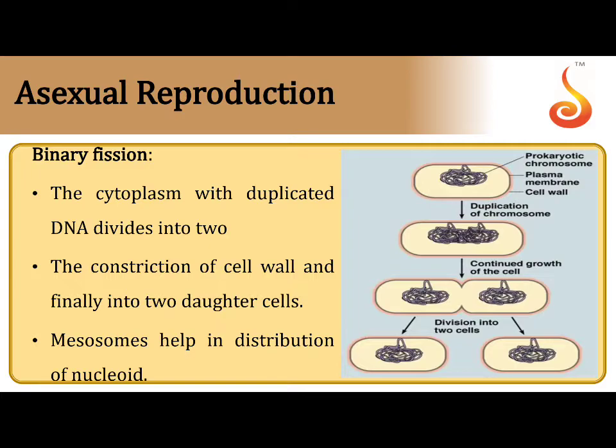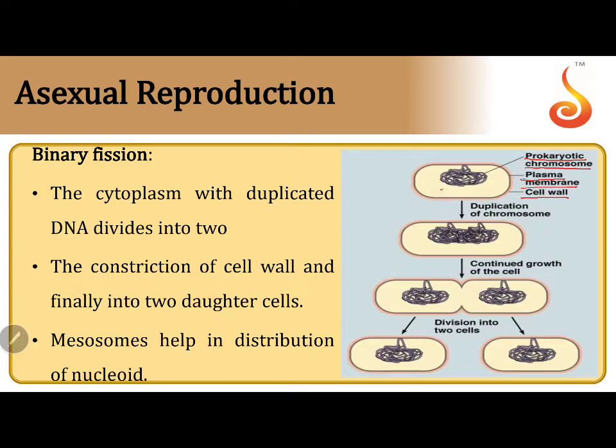Now you can see we have a picture here which shows a prokaryotic chromosome. All of you know a chromosome is the package of DNA during cell division, and we have a plasma membrane and a cell wall. Then duplication of chromosome.